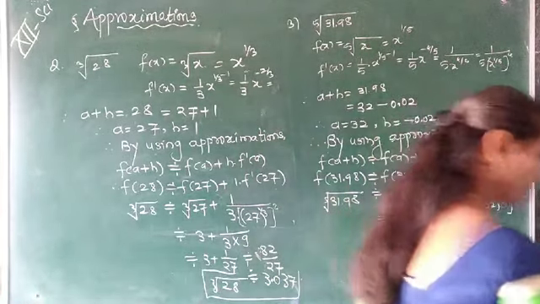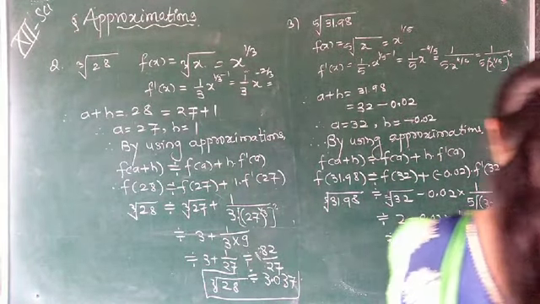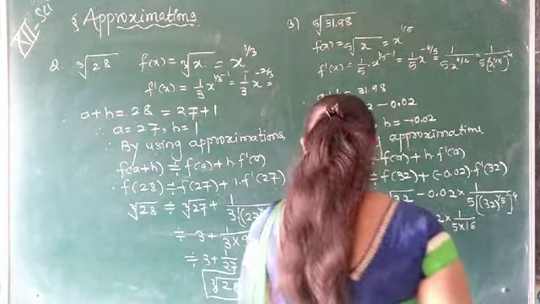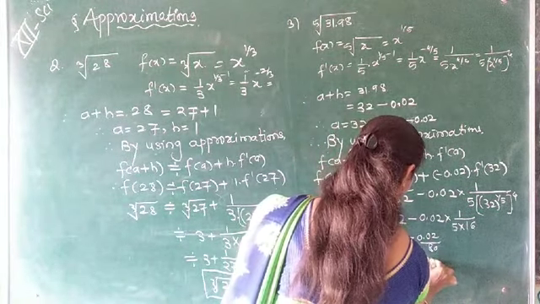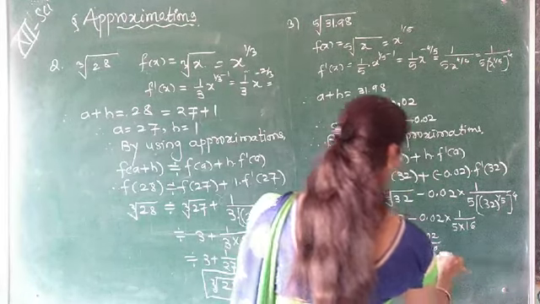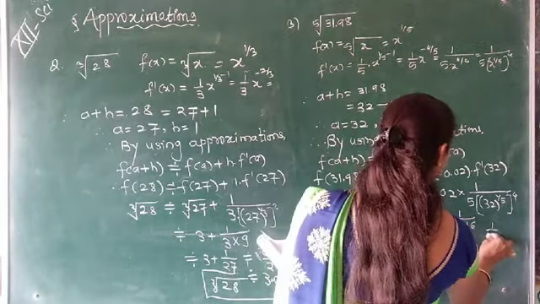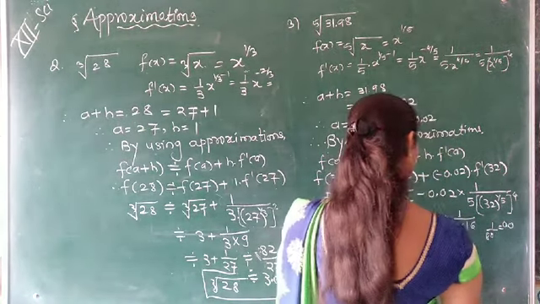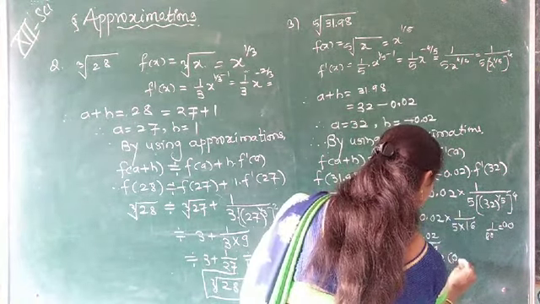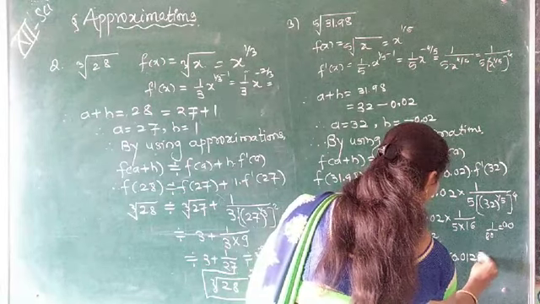If we take the product of this, then we will get 0.02 into 1 upon 80. Here we find the value of 1 upon 80. That is 0.0125.